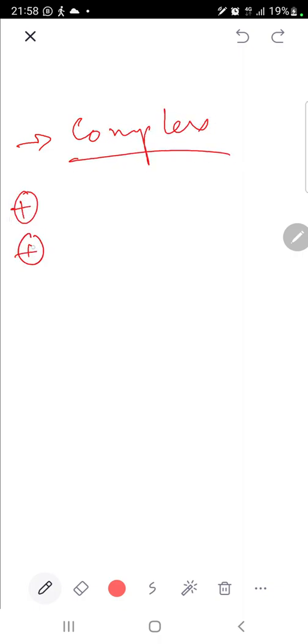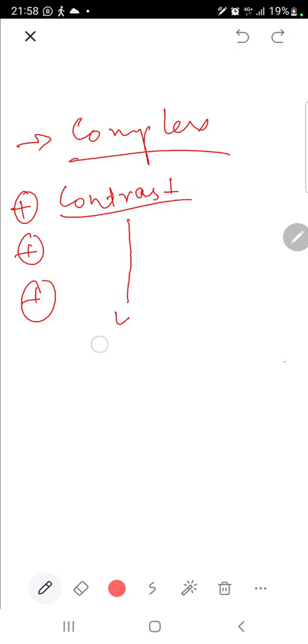In complex sentences, we have three different major clauses that you should use in order to write them. Then the clause of contrast. When we have to avoid using but again and again, we can use the clause of contrast.